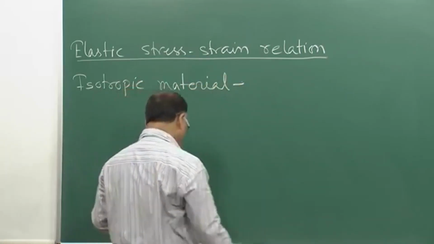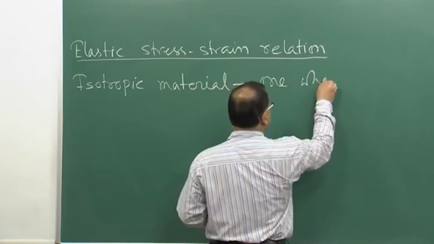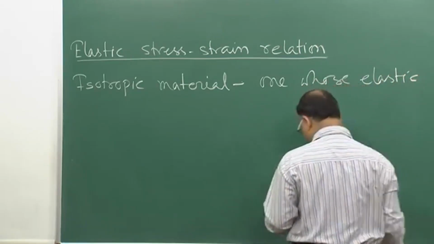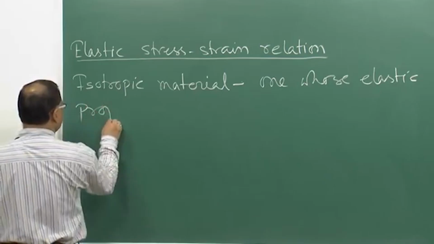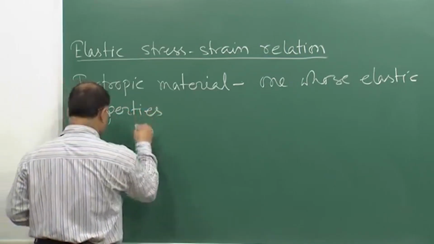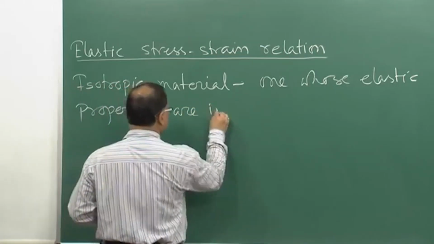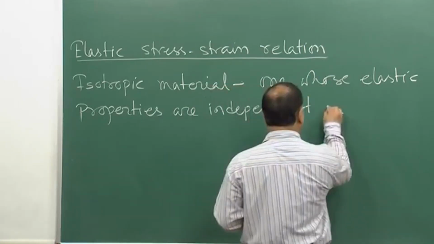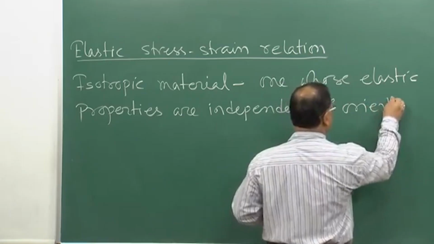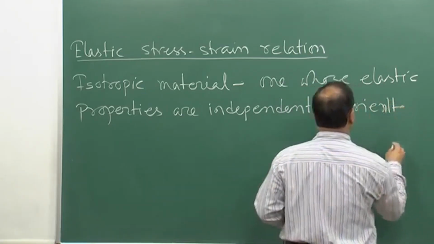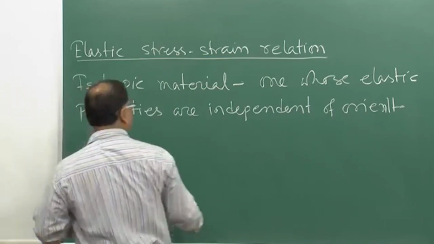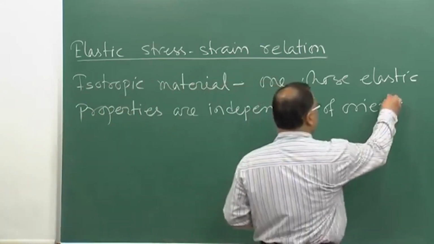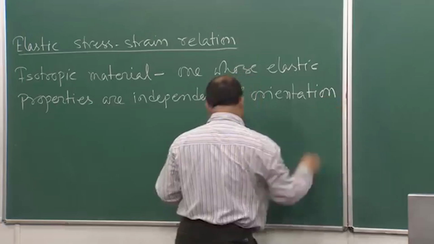Now, what is the definition of isotropic material? One whose elastic properties are independent of orientation.